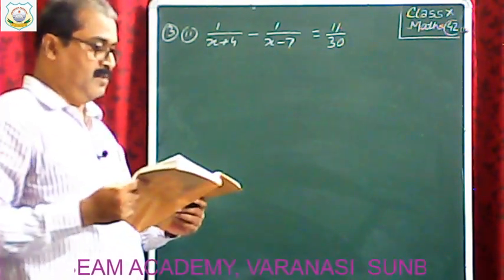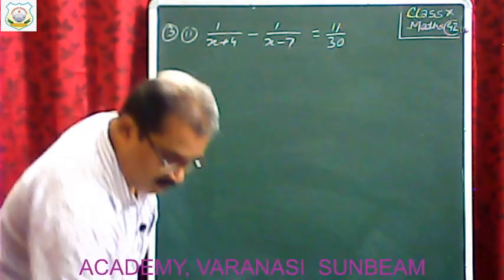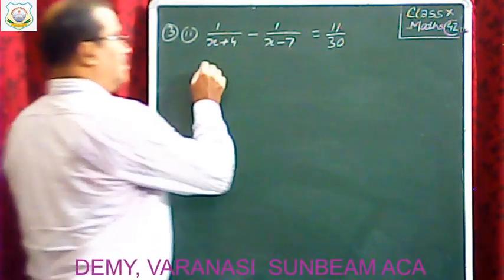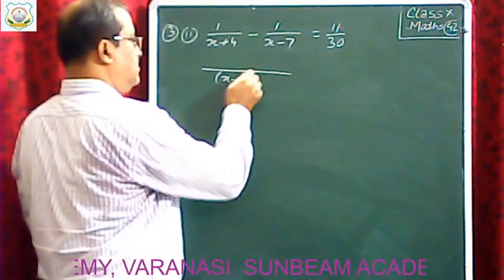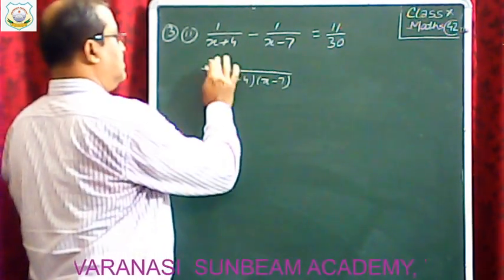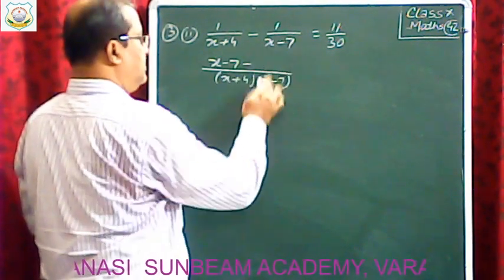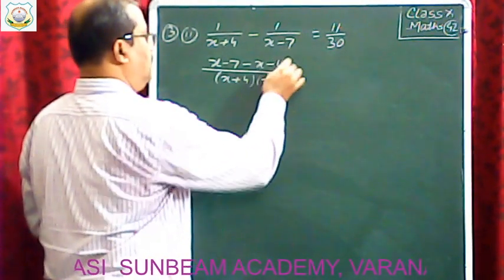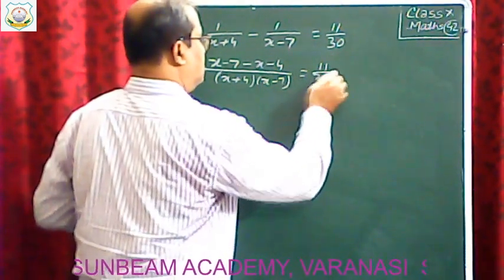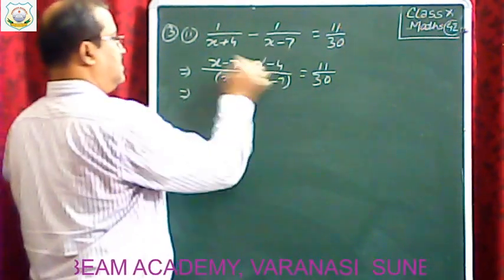First of all, you have to simplify, and thereafter you have to form the equation, and then you have to use quadratic formula. Take LCM: x plus 4, x minus 7. x minus 7 minus x plus 4.